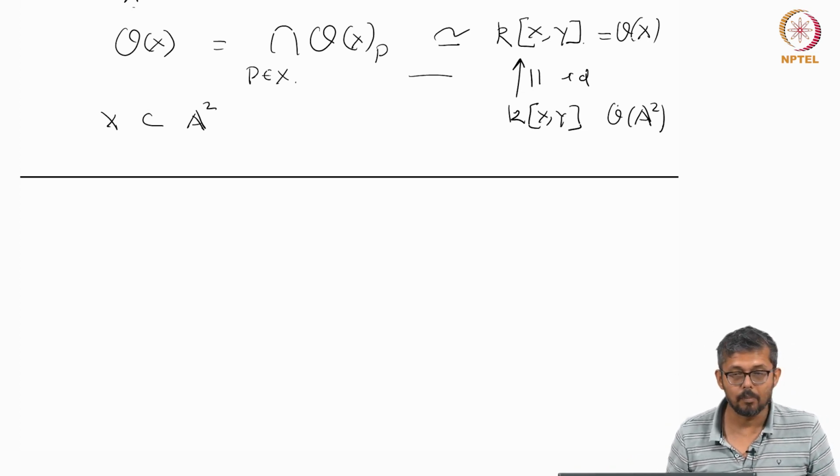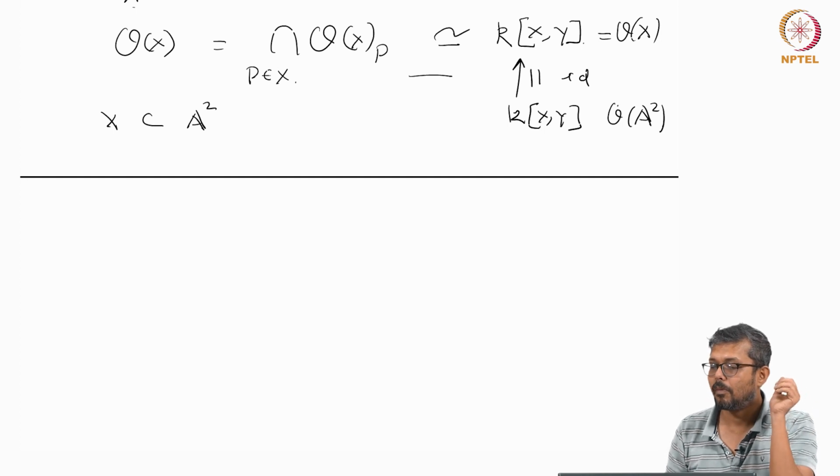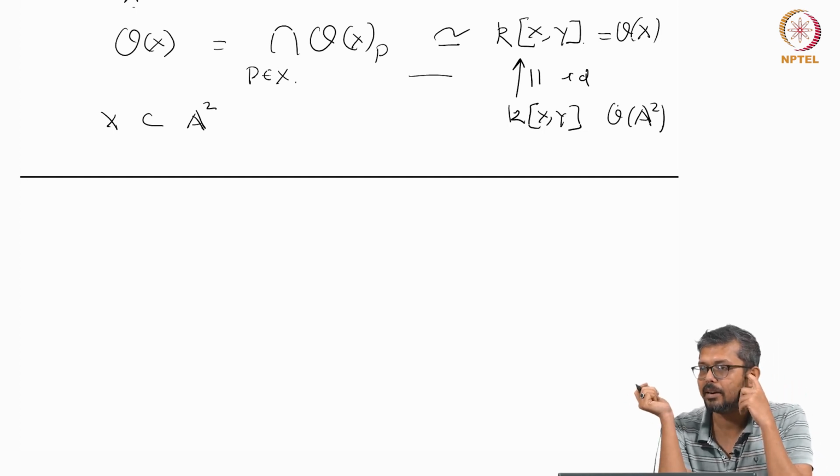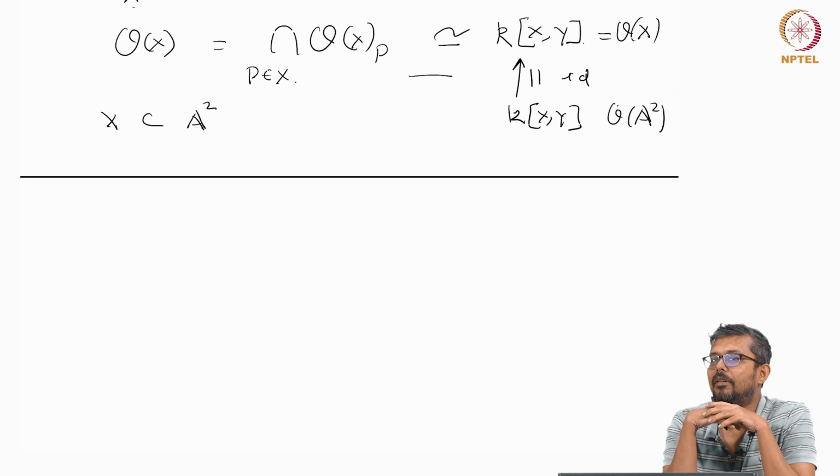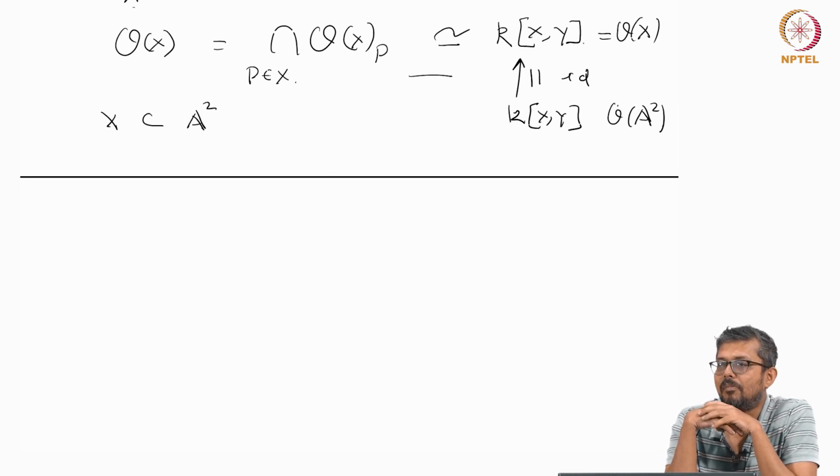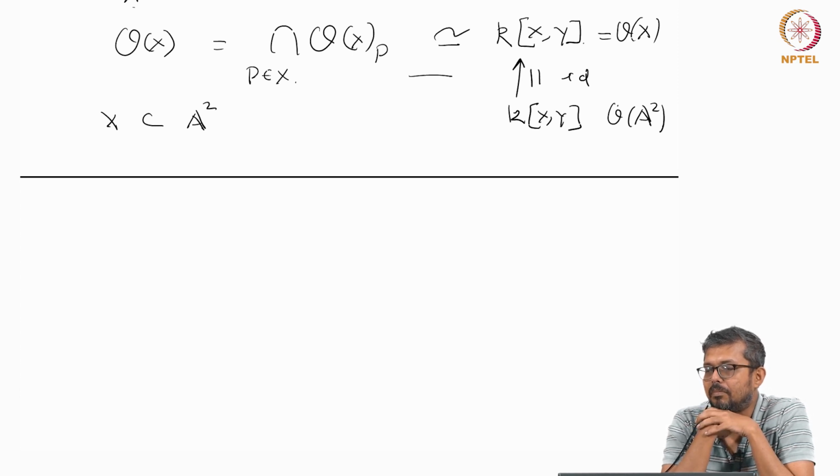But how do you know that O of x is the intersection of O? That's a standard result. Is it true only for integral domains? I think for an integral domain you take the maximal ideals.